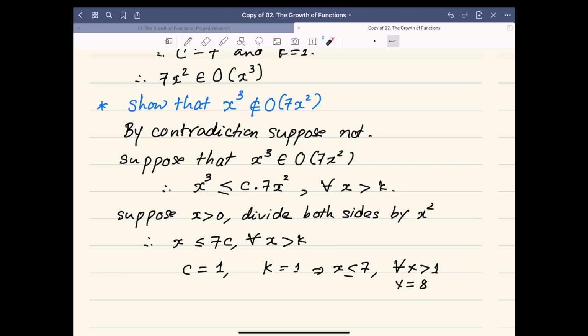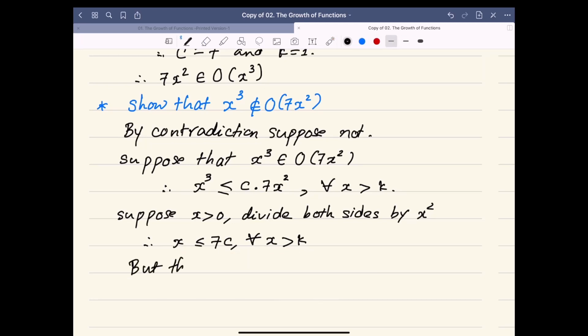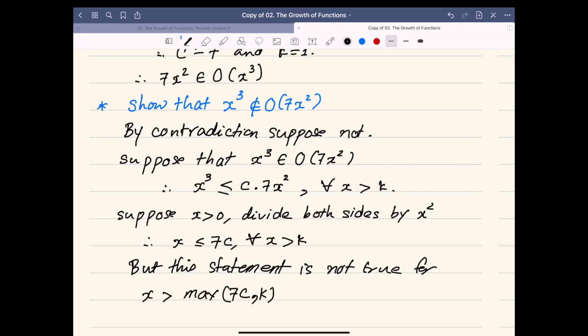So in general, this statement is not always true, and here we will say that this statement is not true for x greater than the maximum between 7c and k.